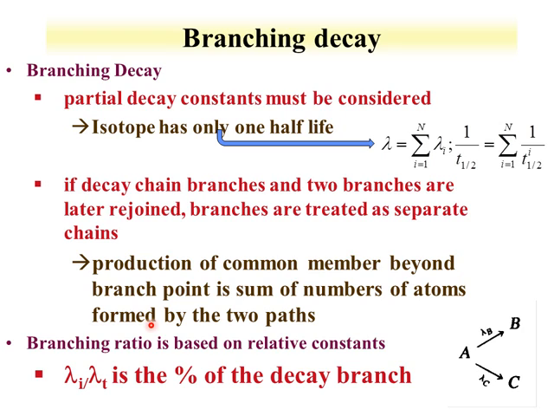If we have a branching ratio, all that is just based upon the relative decay constants. So any branching ratio, if I know the percentage of the branching ratio, or the relative intensity, is just equal to the ratio of these decay constants.